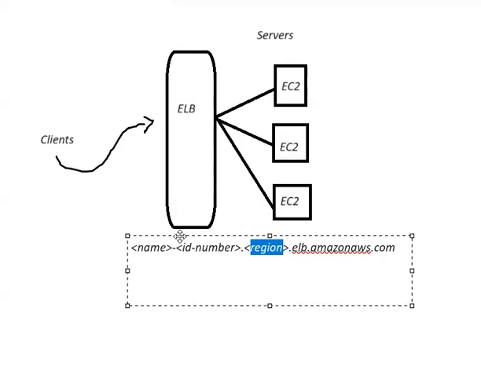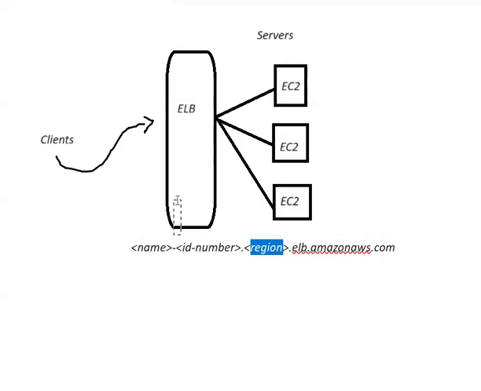Any elastic load balancer address will look like this. So can I say I'll provide this to my users? No, right? My company name is btech Spark. Is it good for me to provide this elastic load balancer address to my clients? No, right? So we do not provide this elastic load balancer address to our clients.